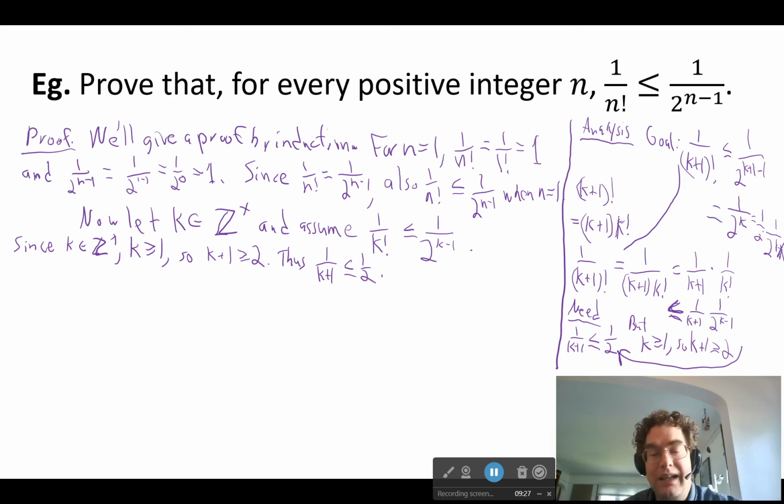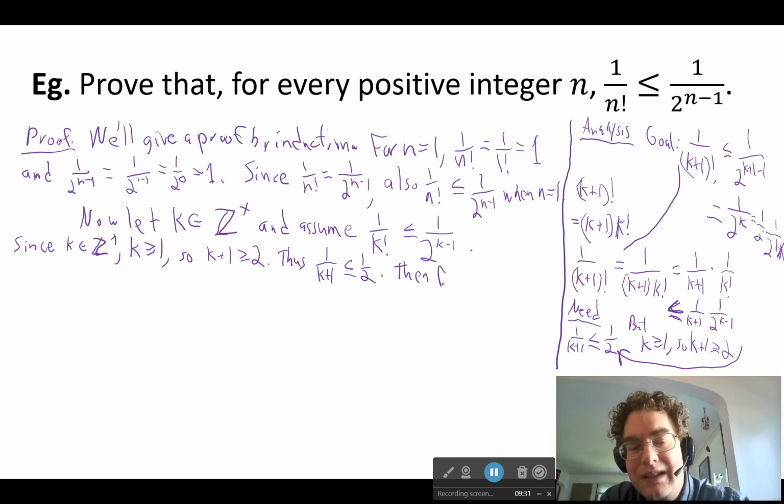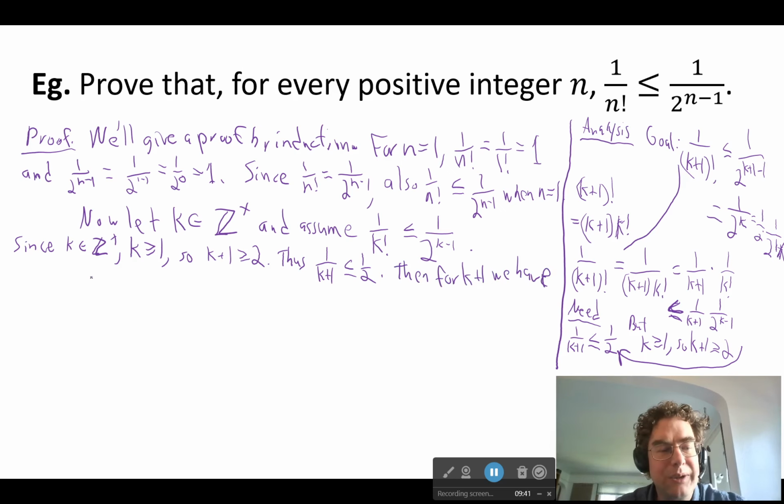Now let's look at the k plus 1 case. See what happens. So for k plus 1, we have the following. We look at our inequality. It's going to be 1 over (k plus 1) factorial. Okay, so that's our left side.